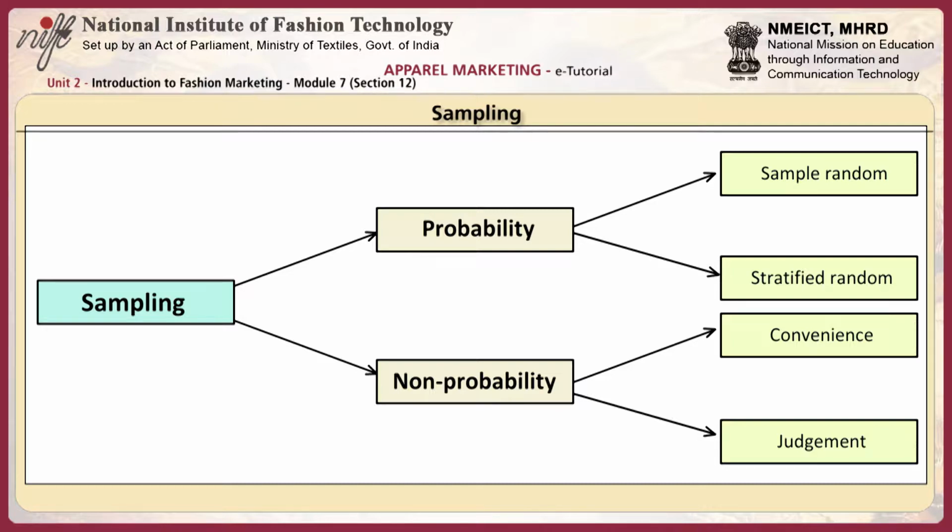Now here in probability there are again two kinds of probability sampling, that is simple random and stratified random.